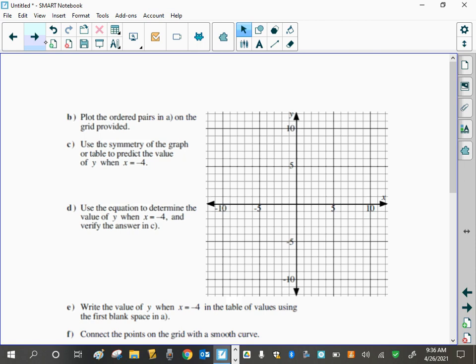Now, if you have a negative number and you have an x squared, you put them in brackets on your calculator. So I guess I should show you that.